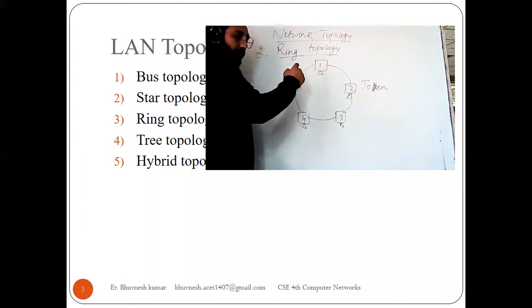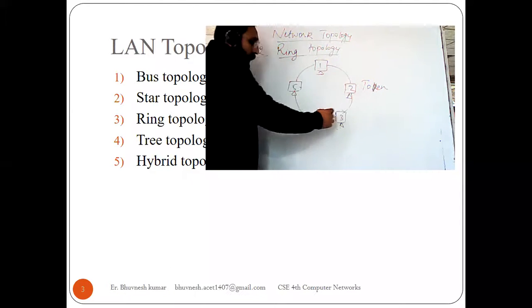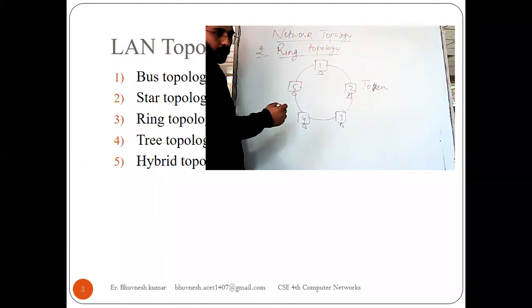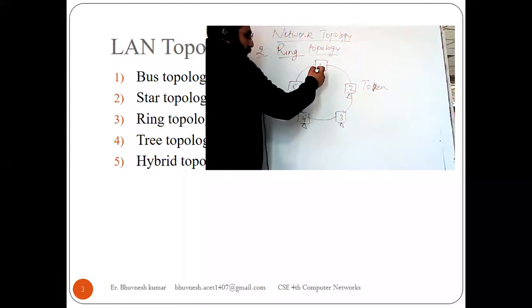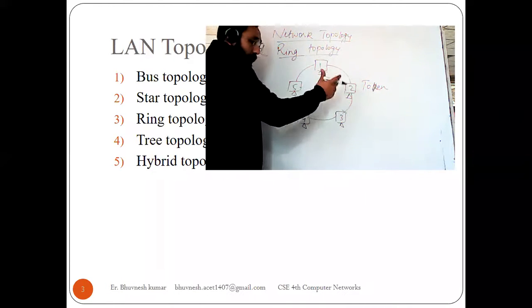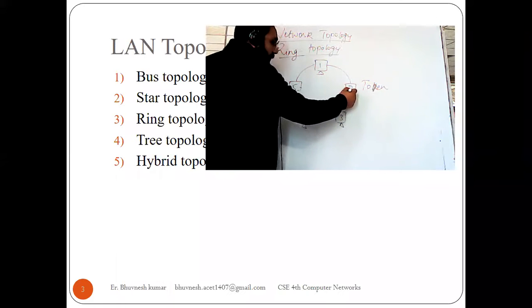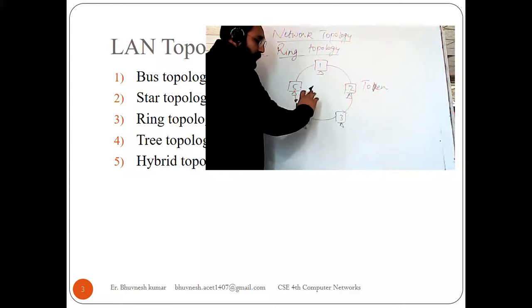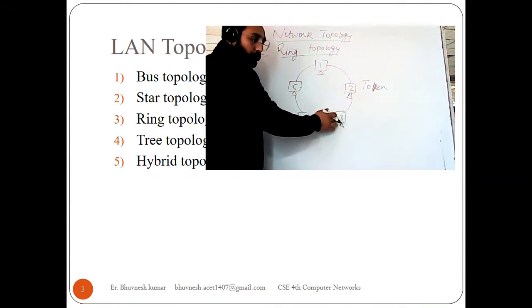If a PC wants to send data to any connected device, it will send a token. PC1 will send a token, and the number is checked. If PC2 receives it and the token does not match, it passes to PC3.